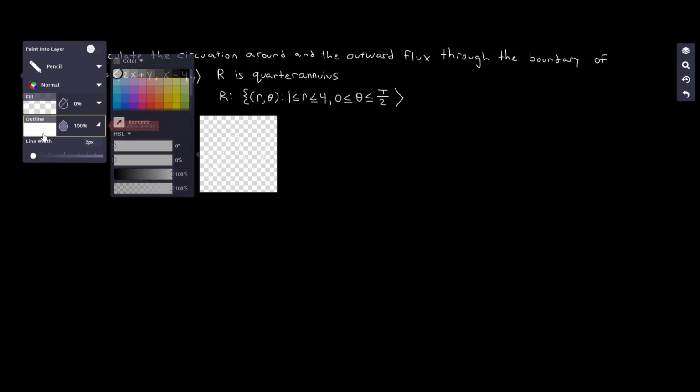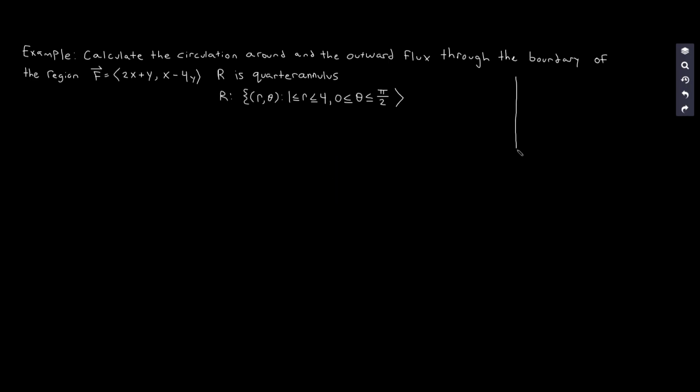So let's do some work on this. This is the polar coordinate plane. But we know that we're going to be doing this in quadrant 1, because it says theta is between 0 and pi over 2.